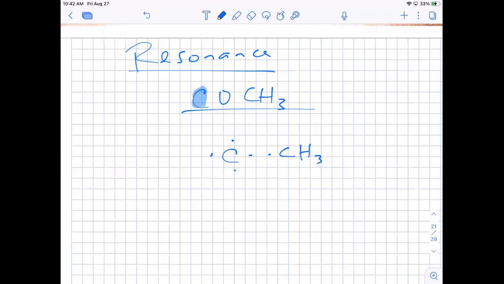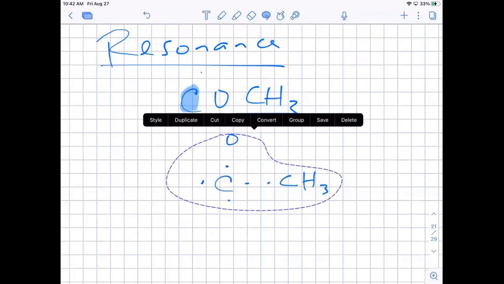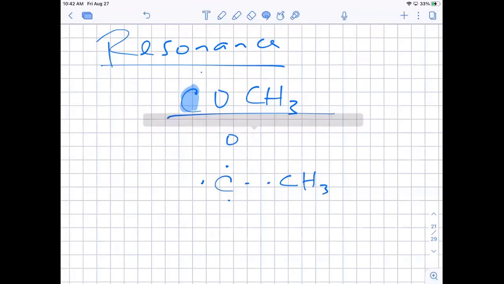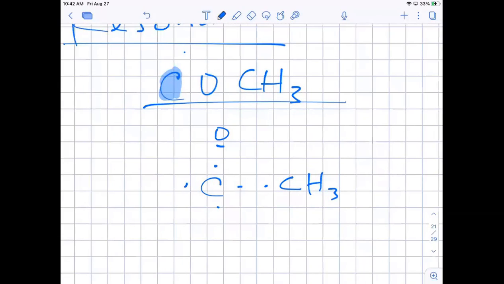And then we have an oxygen here. How many electrons around that oxygen? So valence is 6, right? Is that right? Yes. All right.